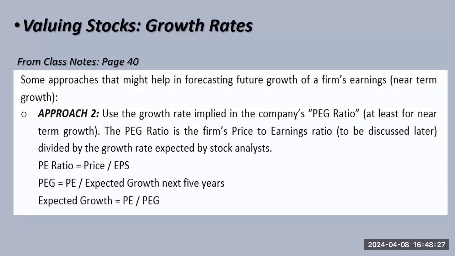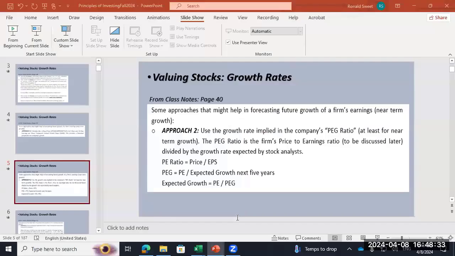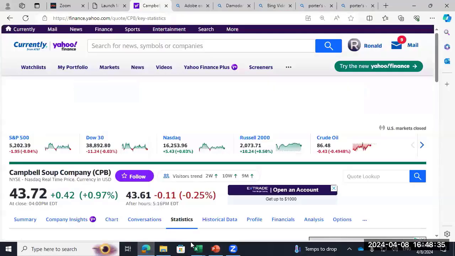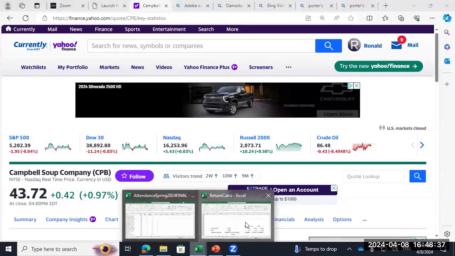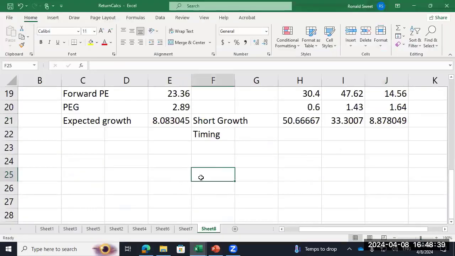All right, so there's the second approach. That one gives you somebody else's opinion. Where else could you go for this? One other place you can go is Bloomberg. They have something called EE, which is earnings estimates.